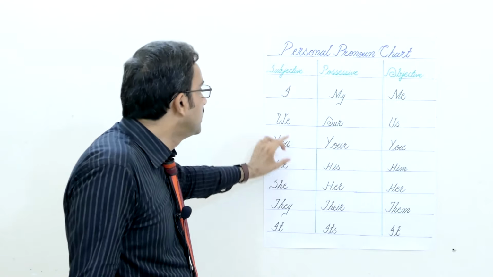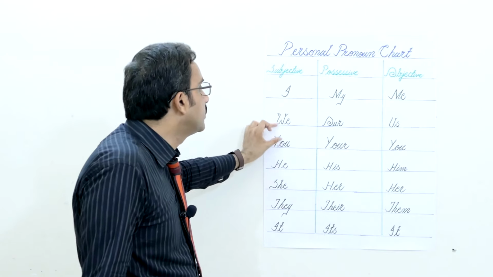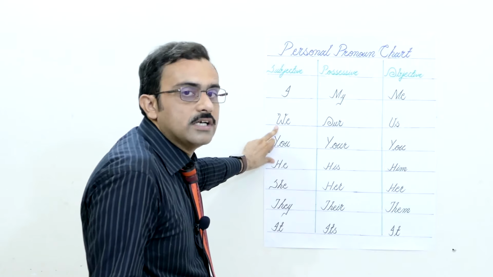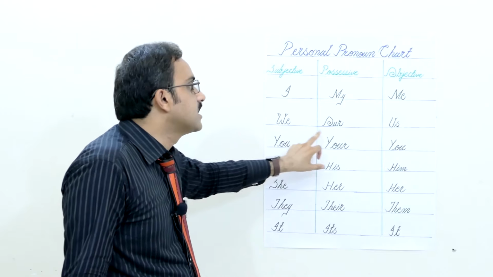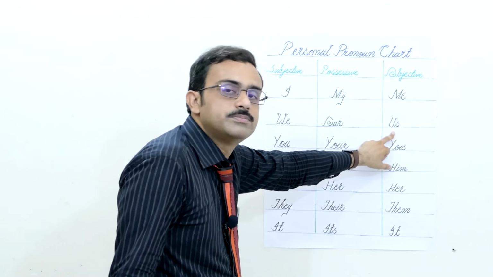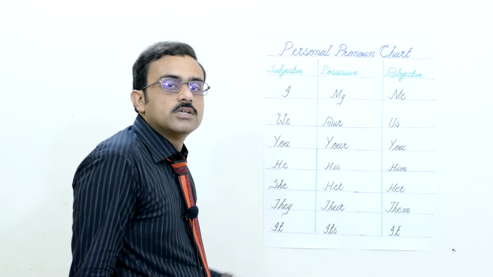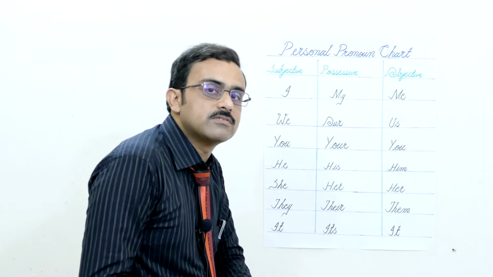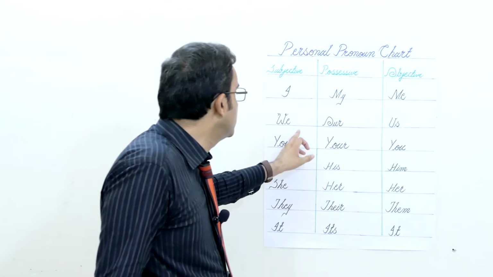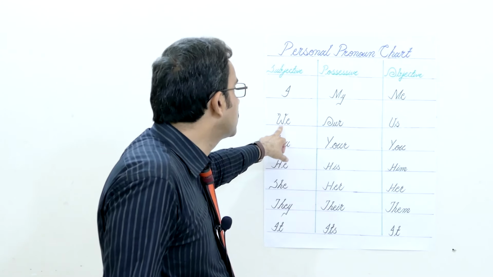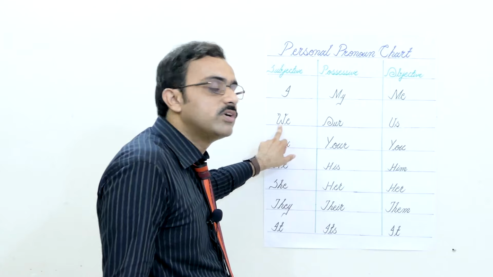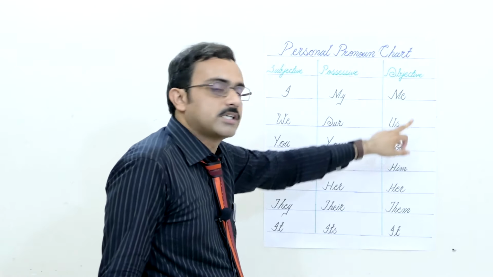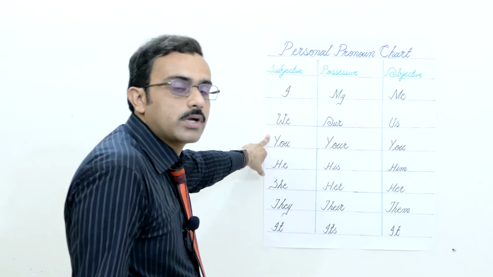Got that? Then we have another first person pronoun, and this one is we. We, subjective case, changes into us, objective case. Got that? You will see some sentences. When you practice active and passive, you have to change the subjective case we into the objective case us of the first person pronoun.